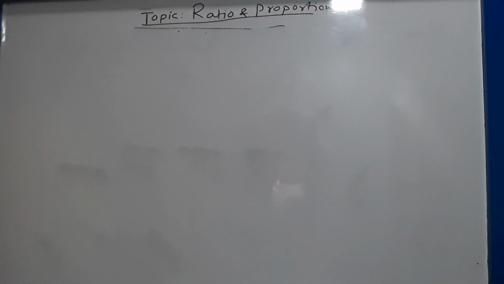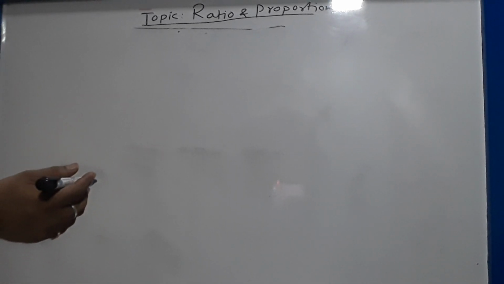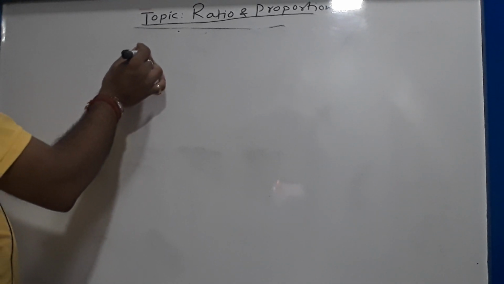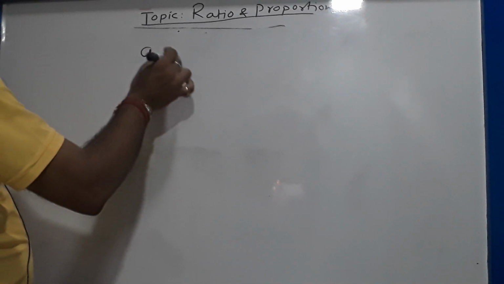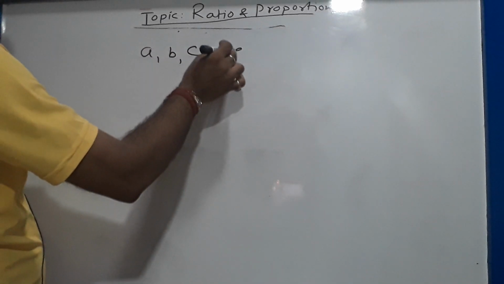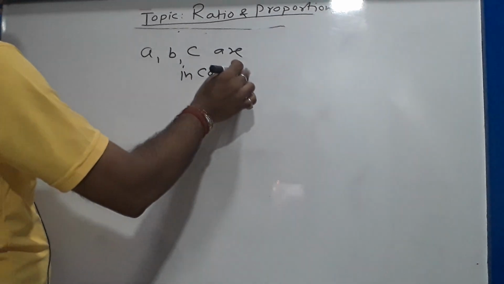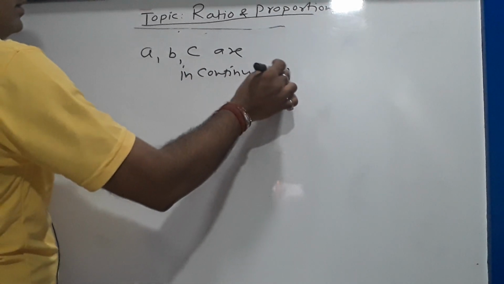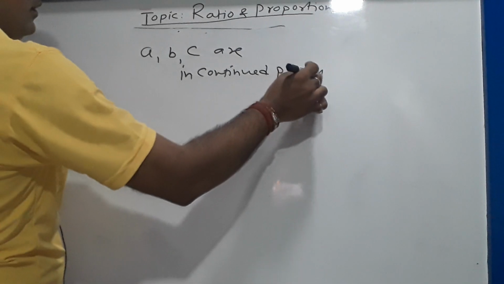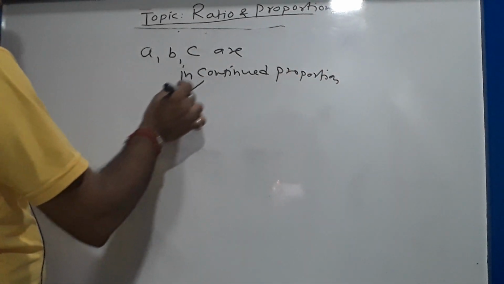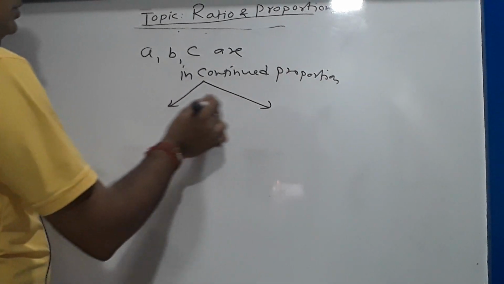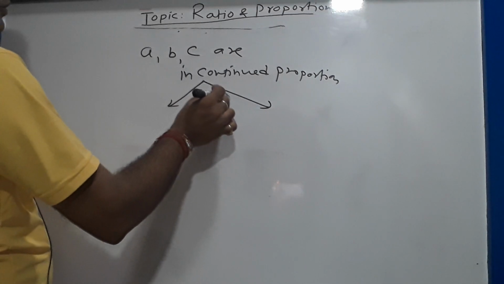Now sometimes a question comes in the exam that three numbers A, B, C are in continued proportion. Then how to solve the problem? Show that.